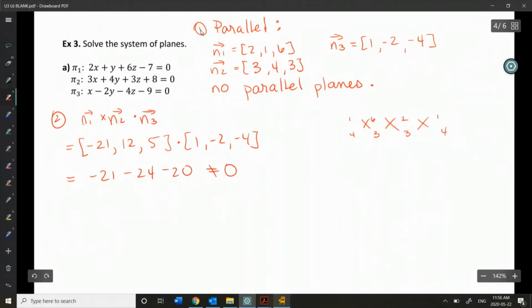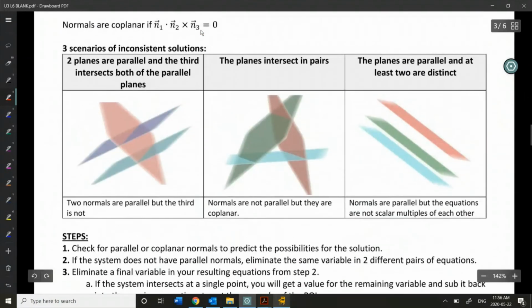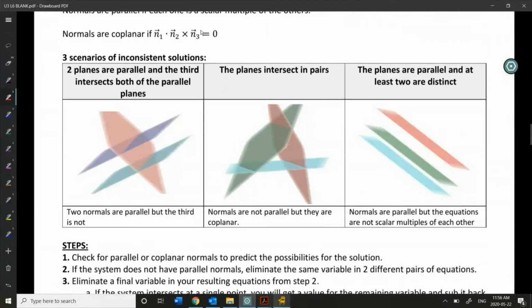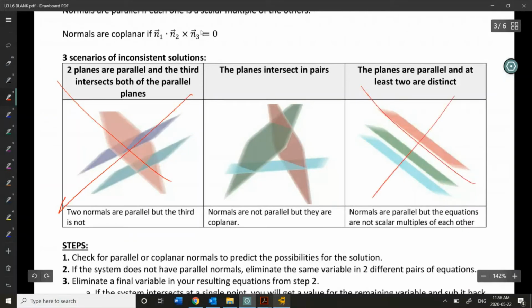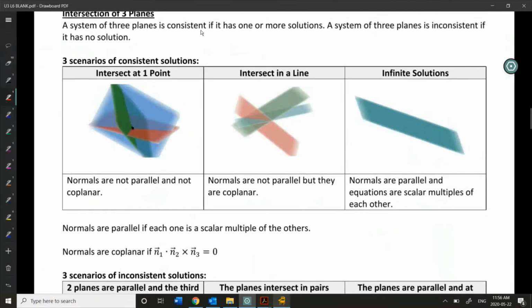So I can see that this does not equal 0. So what this tells us is that the normals are not coplanar. And a couple things that I can eliminate from my possibilities is that well, I already know that it's not this because I don't have any parallel planes. I know that it's not this because I don't have any parallel planes. I know it's not this because the normals are not coplanar.